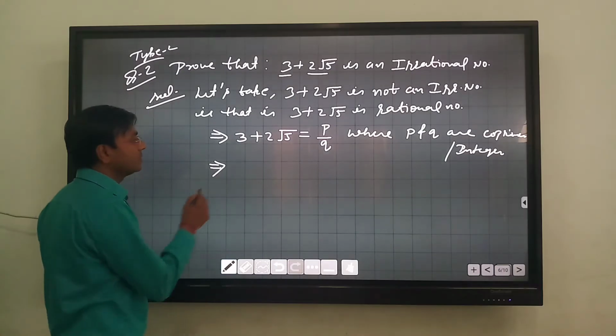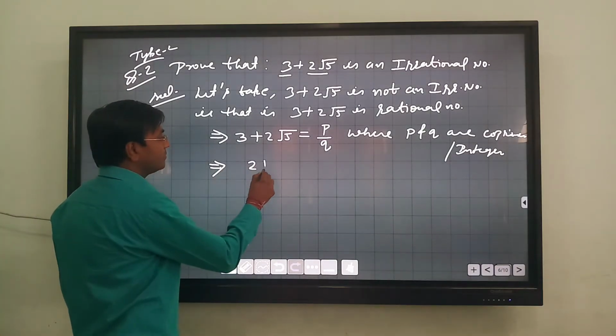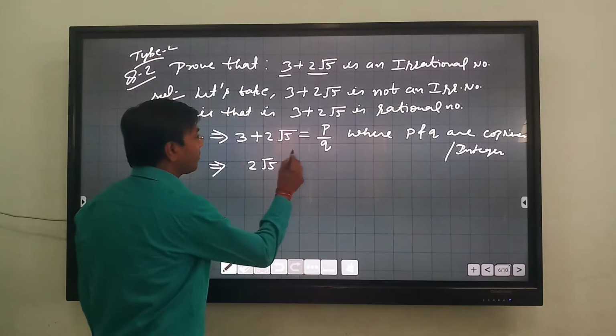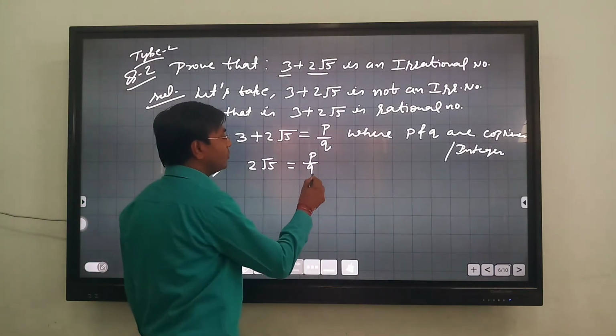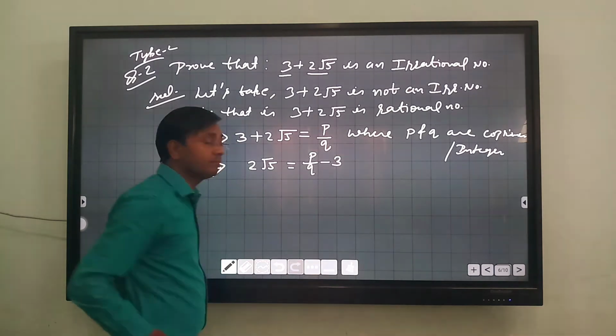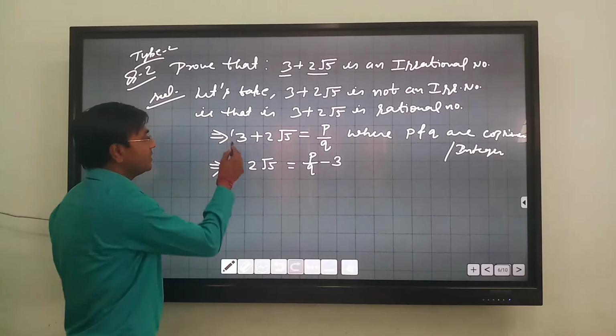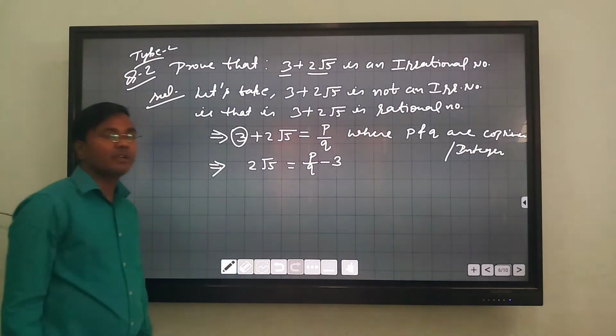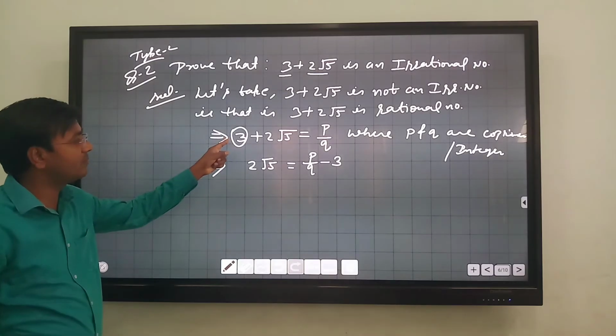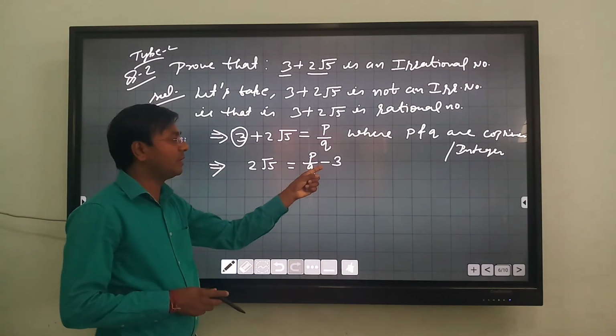Now this implies, simplify this, 2 root 5 equals p by q minus 3. This 3 has been transposed to the right hand side. Because it is a plus symbol, it becomes a minus symbol.